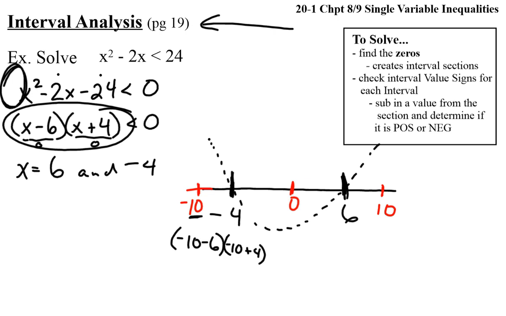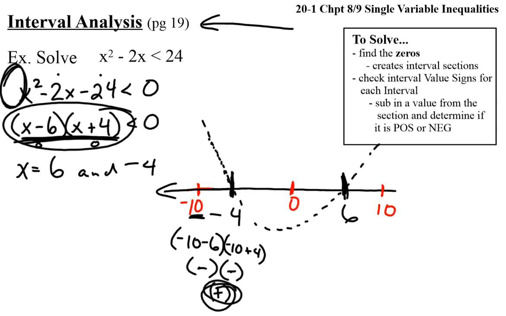All I've done is taken my factored form and thrown in my test point. -10 minus 6 is a negative value. -10 plus 4 is a negative value. And a negative times a negative is a positive.